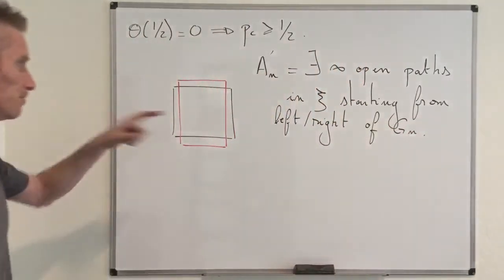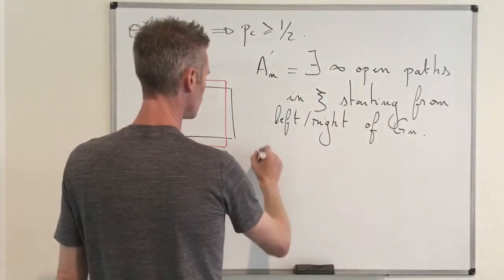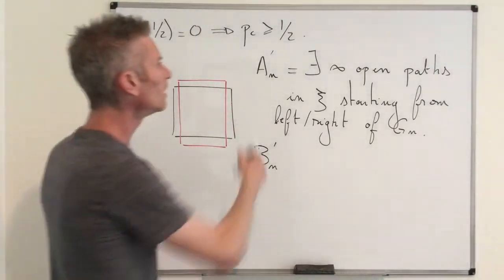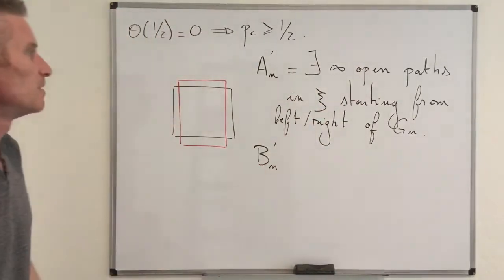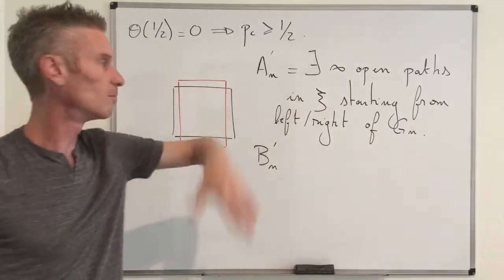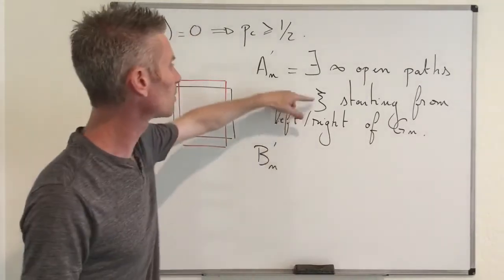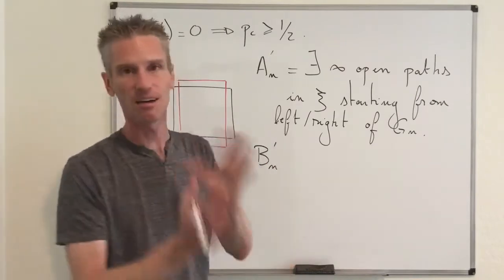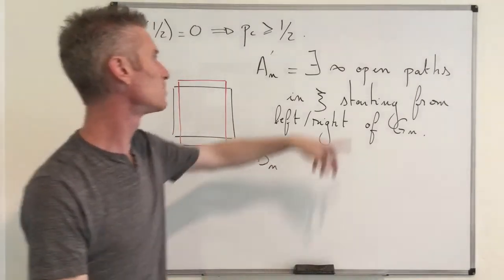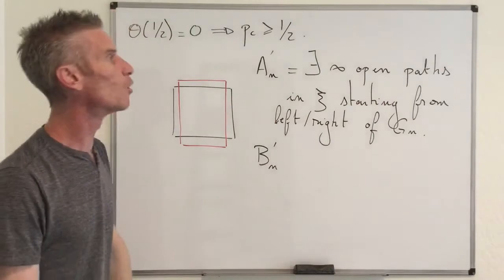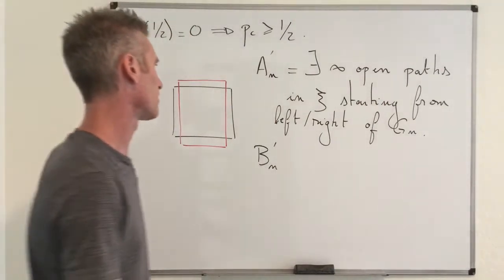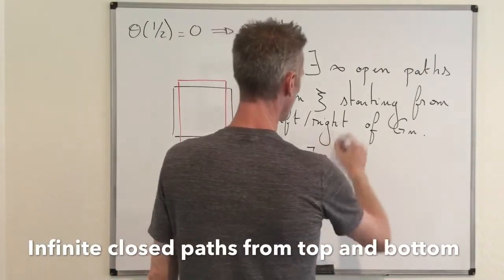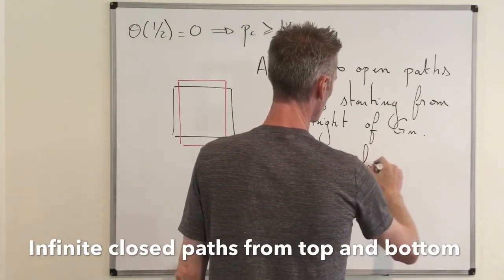And the other event we are going to define, Bn, again depends on n, that depends on the size of the graph. Same story as before, we replace left, right by top, bottom, we replace Gn by Hn, we replace C by C hat, so we have exactly the same thing, except that, playing with those parameters P and 1 minus P, instead of assuming that we have an open path, we are going to assume that we have a closed path. So this is the event that there exists, again, an infinite, but this time closed path.